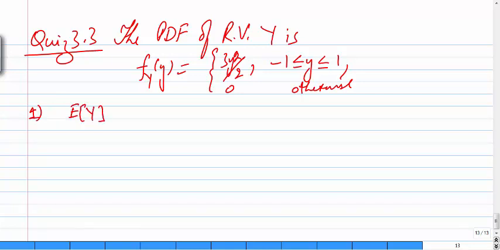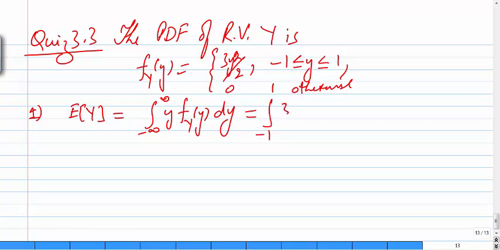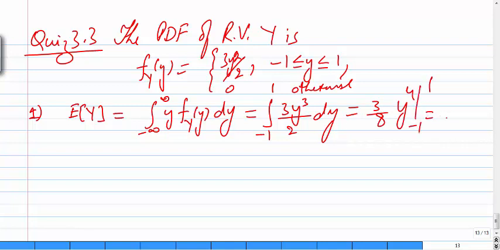You know that the expected value of Y is the integral from minus infinity of y times f_Y(y) dy. When we plug in the values and solve it, it becomes the integral from minus 1 to 1 of 3y cubed divided by 2 dy. When we solve this, it becomes 3 by 8 y to the power 4, from minus 1 to 1. When we plug in the values, it becomes 0.